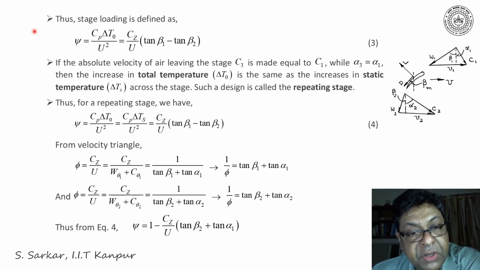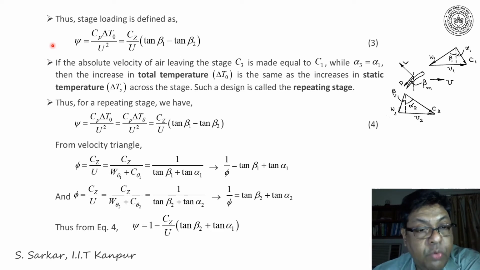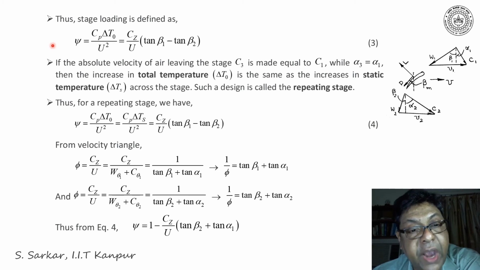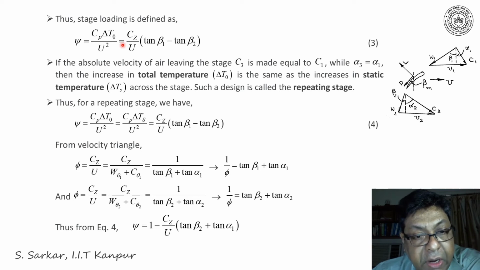Thus, the stage loading is defined as Xi is equal to Cp into del T0 divided by U square, where del T0 is the total temperature rise across the stage. That is equal to Cz by U into tan beta 1 minus tan beta 2, equation number 3.